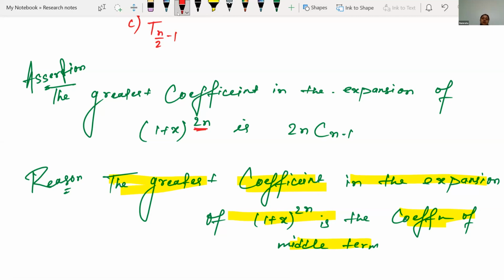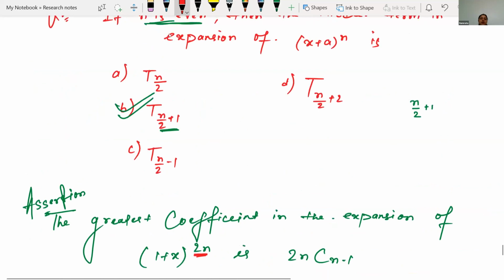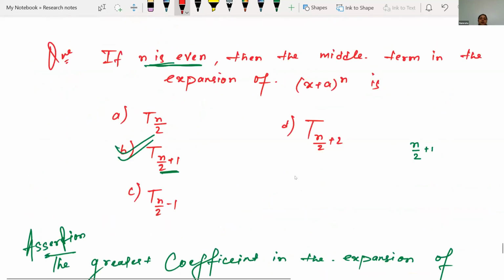When the power is this one, what will be the middle term? If you are saying the reason is correct, that means you have to find the middle term, right? Yes, ma'am. Now we have just seen the formula for the middle term. Can you tell me what the formula was? When n is even, the middle term will be the (n by 2 plus 1)th term, right?